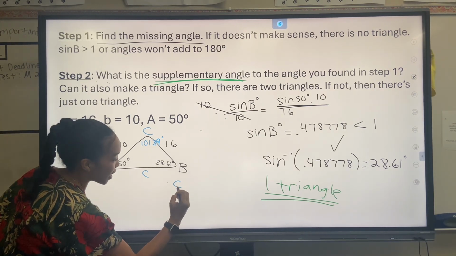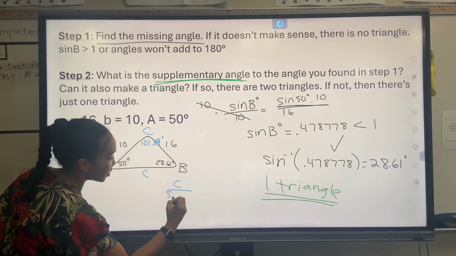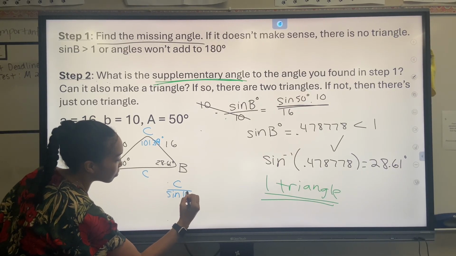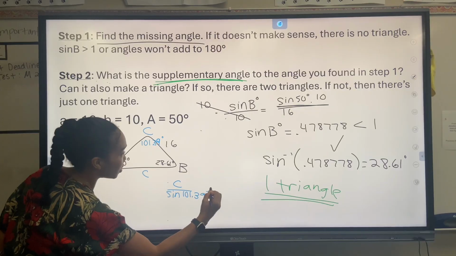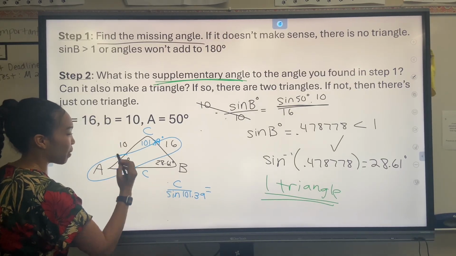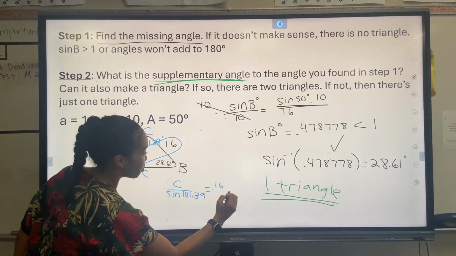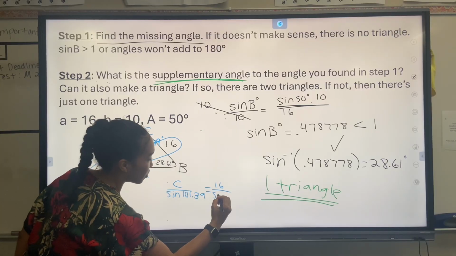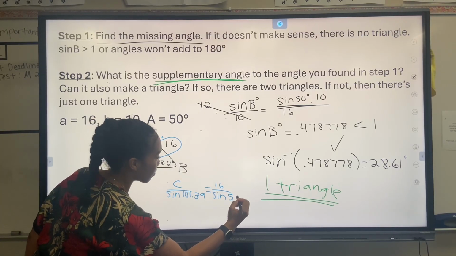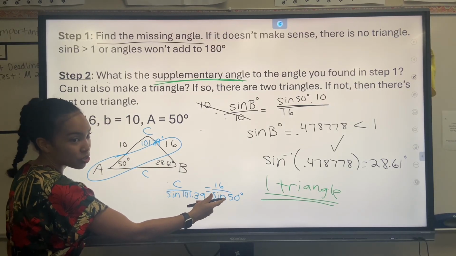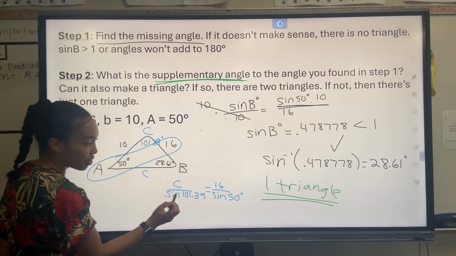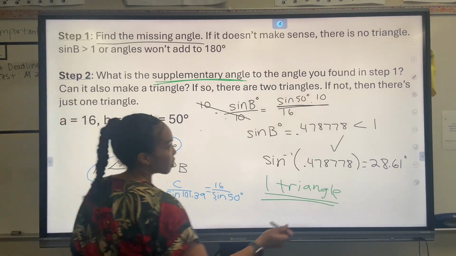So we want side C, so you put it over its angle, equals this pair, so I'll put 16 in the numerator and the angle in the denominator. The ratios need to match. So if your angle is in the denominator here, it needs to be in the denominator here.